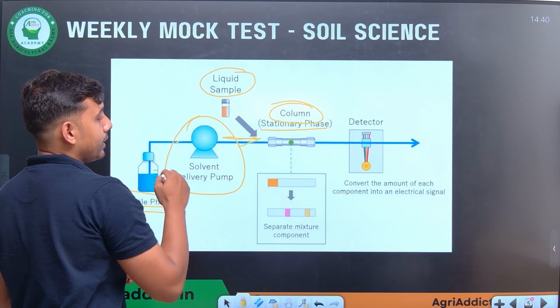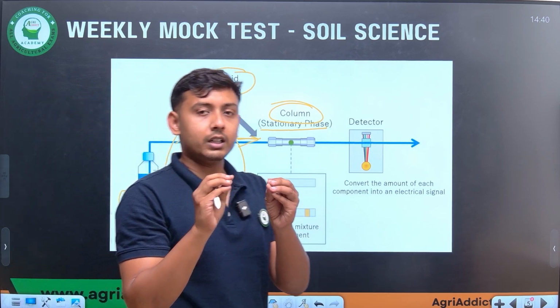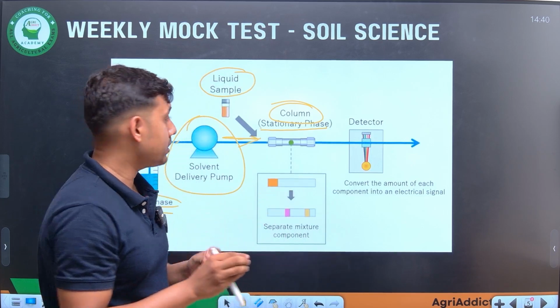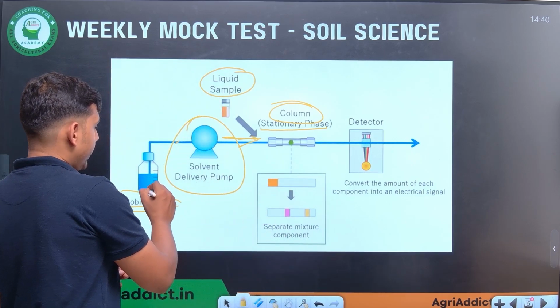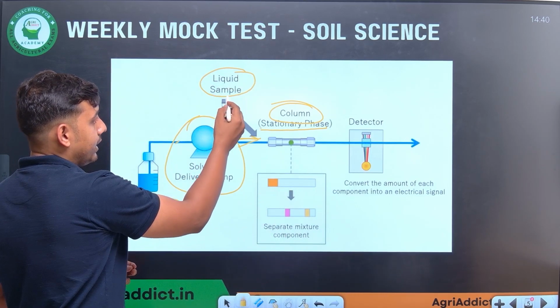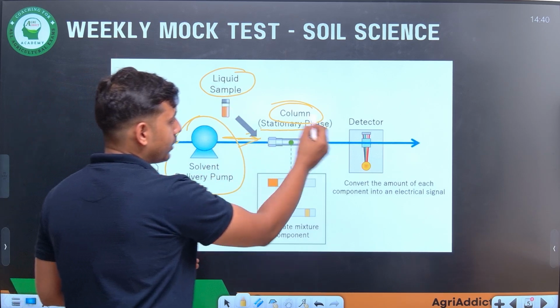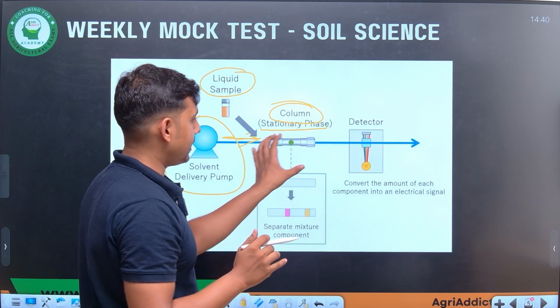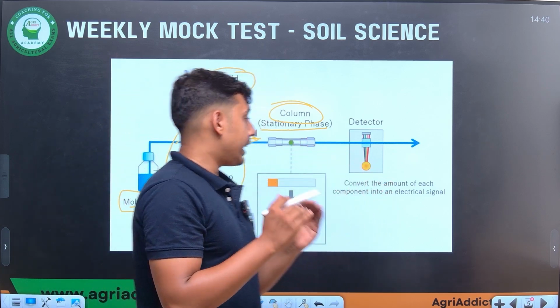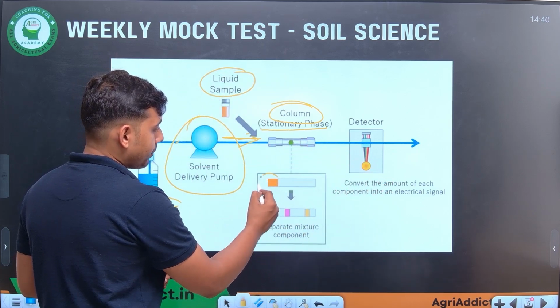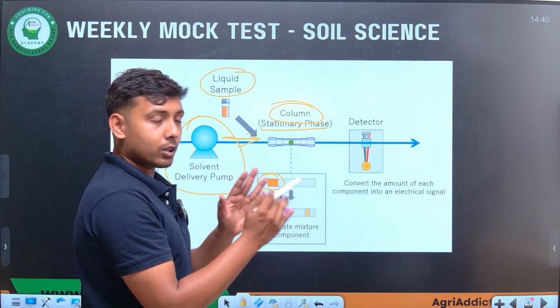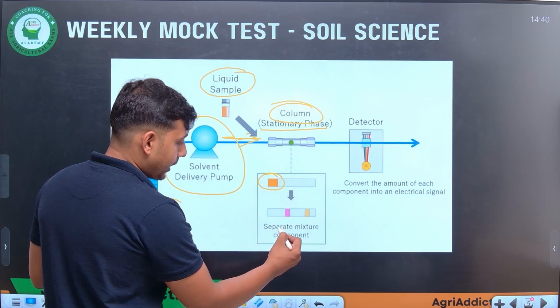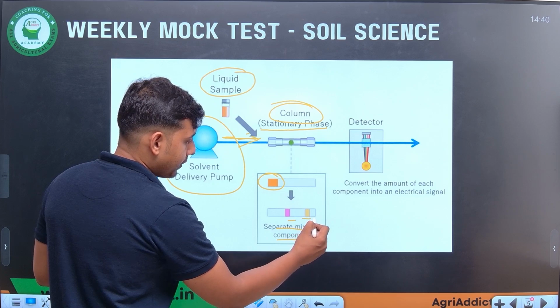The liquid sample is a mixture of different chemicals or components. The mobile phase will carry this liquid sample with it and then it will come to the column. The stationary phase is not moving actually. It will help in separating the mixture components into different bands.